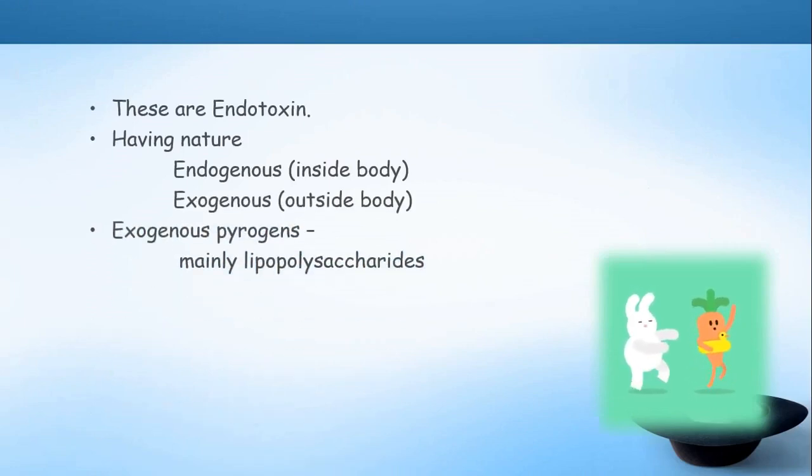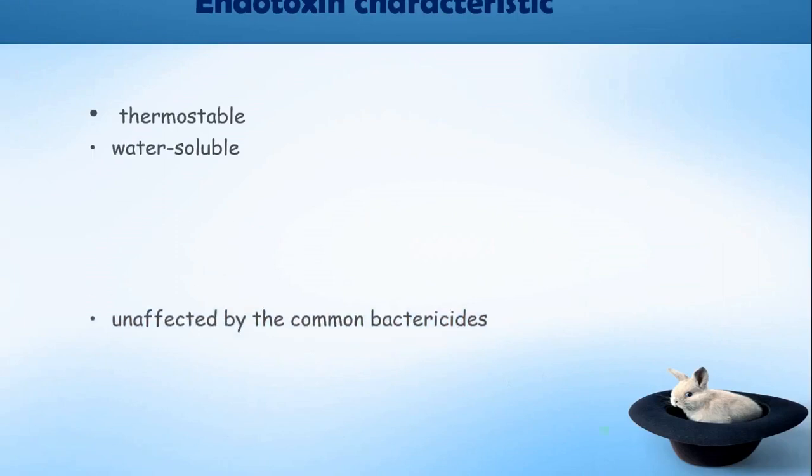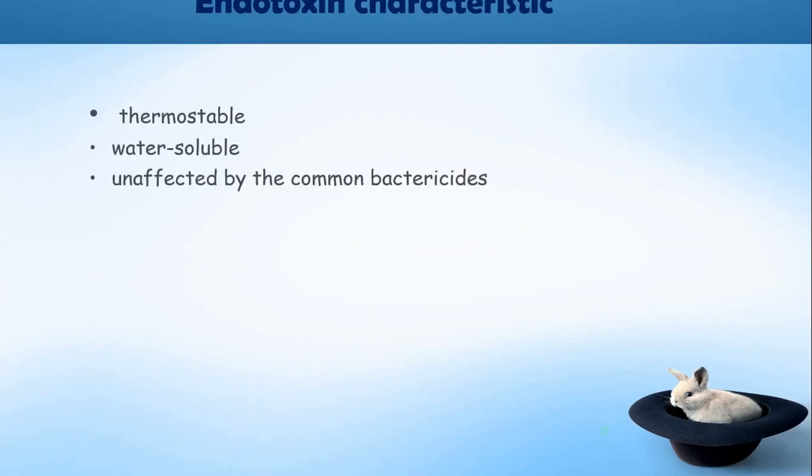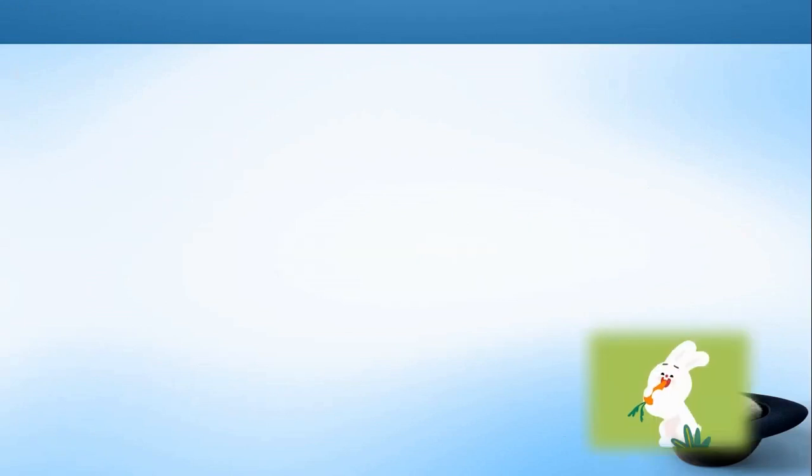Exogenous pyrogens are mainly lipopolysaccharides of bacterial origin, but not necessarily. Next is the endotoxin characteristics: they are thermostable, water soluble, unaffected by common bactericides, and non-volatile. These are the reasons why pyrogens are difficult to destroy once they are produced in a product.